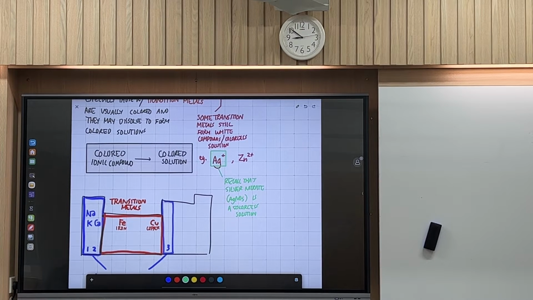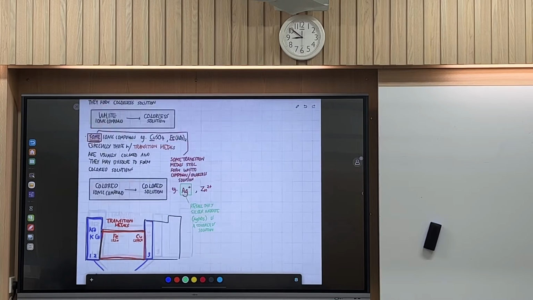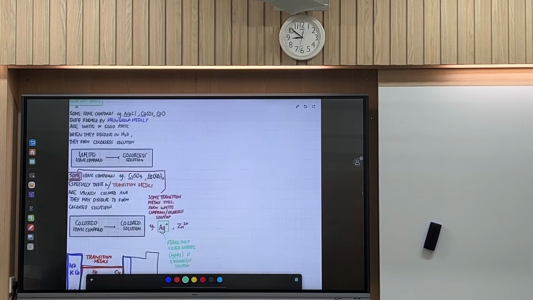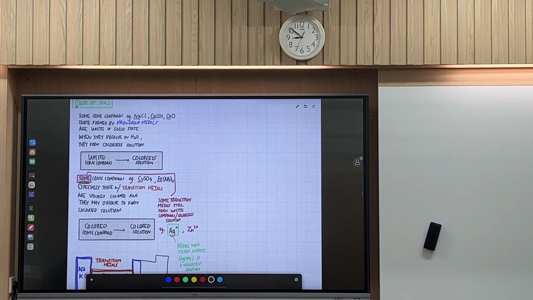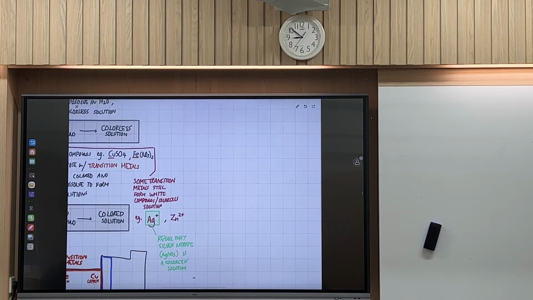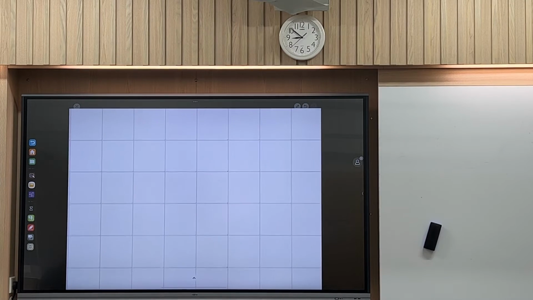Now we will look at some other ions that you need to know the color of, unfortunately. Don't worry, you can learn it progressively through the DSE process, because in here we are just introducing you to the many colors. You will see some of those ions again in the later part of DSE. Now we need to look at the color of certain ions.